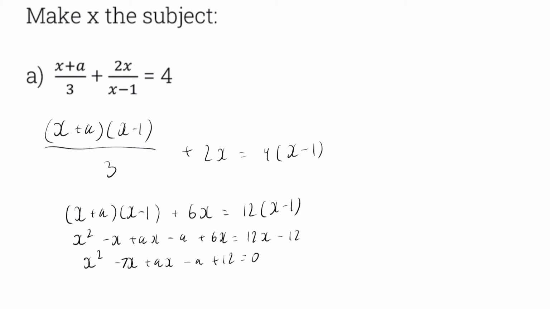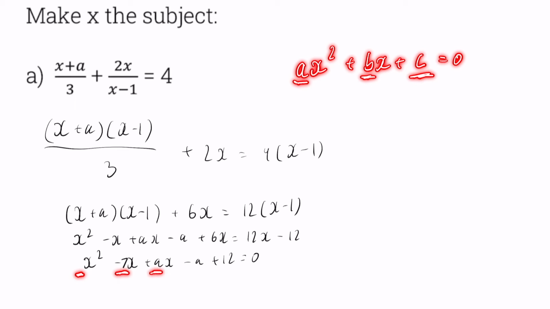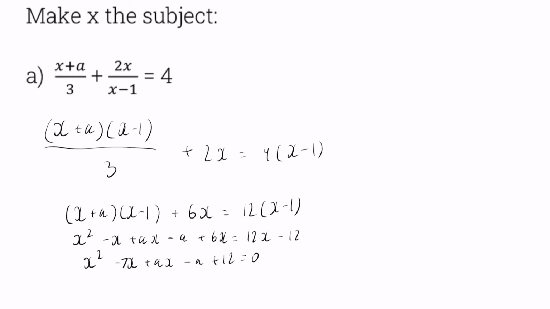Now we're not yet done because we don't have the general ax squared plus bx plus c, because as you can see, there is one coefficient for x squared, there is one coefficient for x, and there is a c. But in our case, we have one coefficient for x squared, but we have two different coefficients for x. So to solve this problem, all we have to do is use factorization. So we write x squared plus bracket a minus 7.